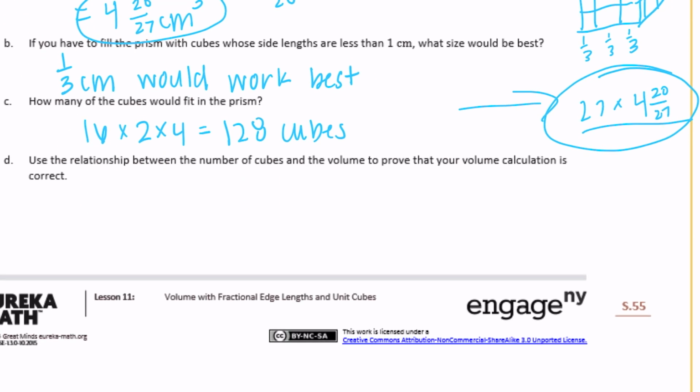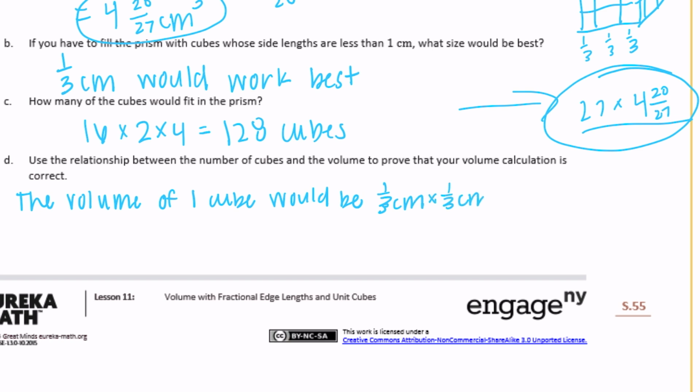Use the relationship between the number of cubes and the volume to prove that your volume calculation is correct. Okay, so let's say the volume of 1 cube would be 1/3 centimeter times 1/3 centimeter times 1/3 centimeter equals 1/27 centimeters cubed.